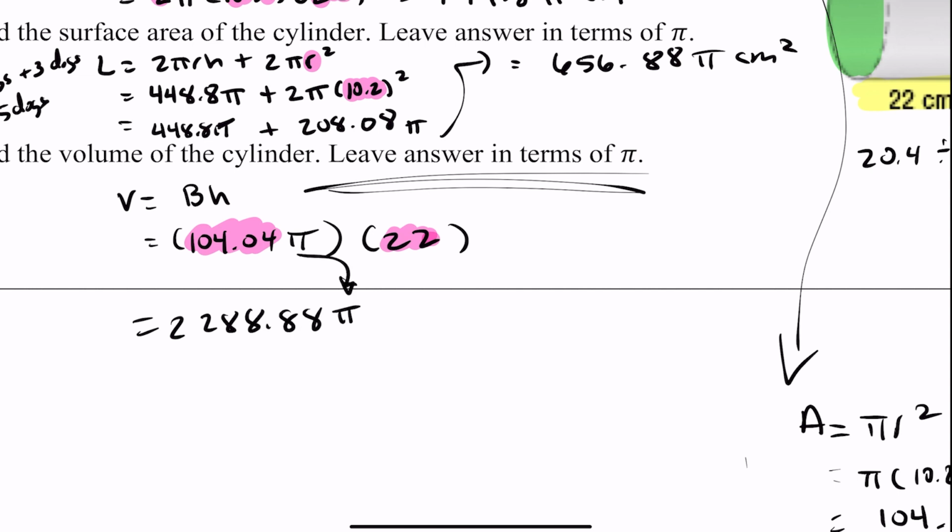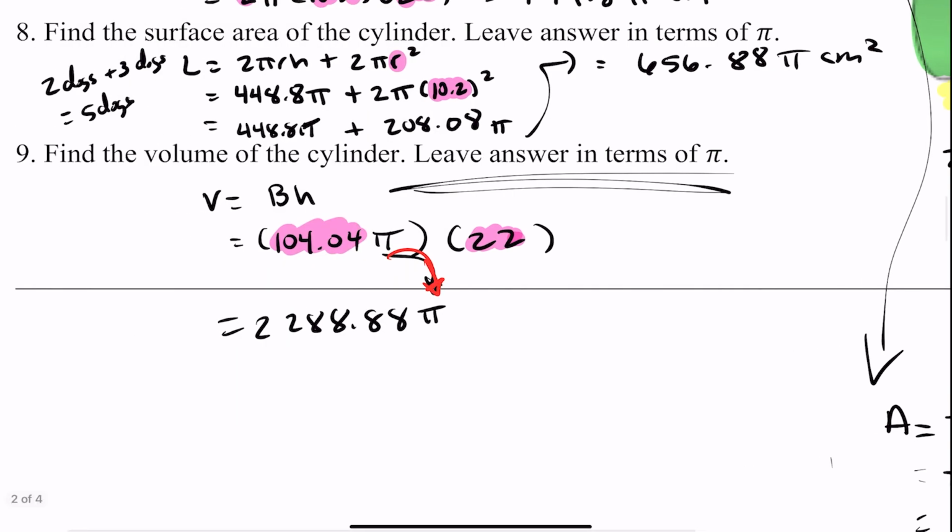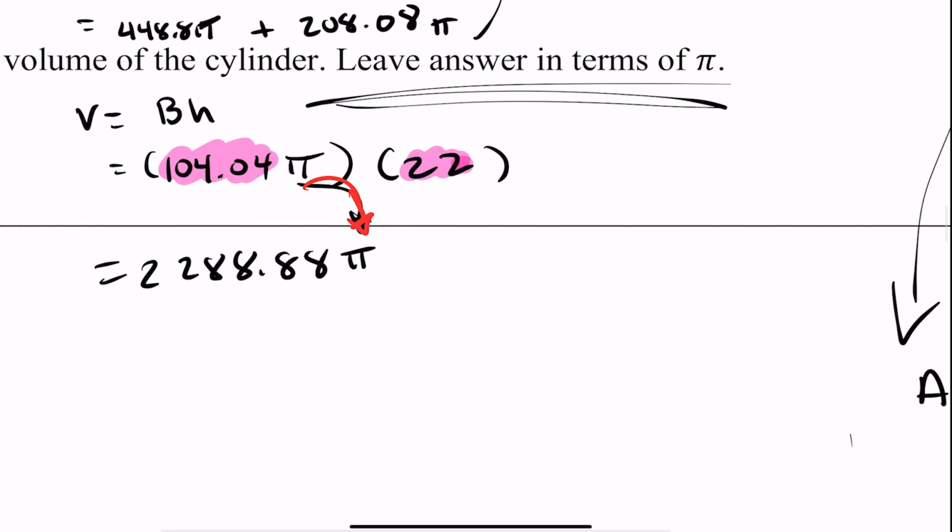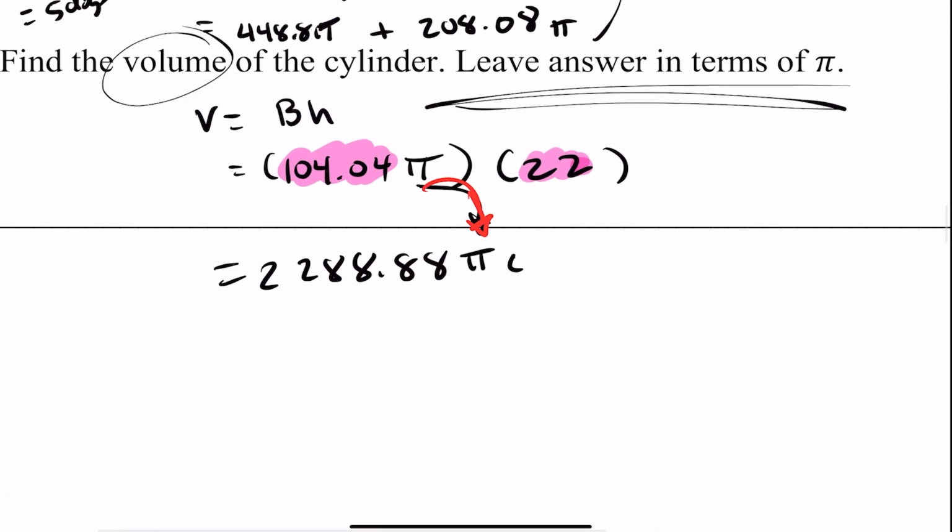Don't forget that pi there. And then, do I square this? It's volume, so cubic centimeters. There you go.